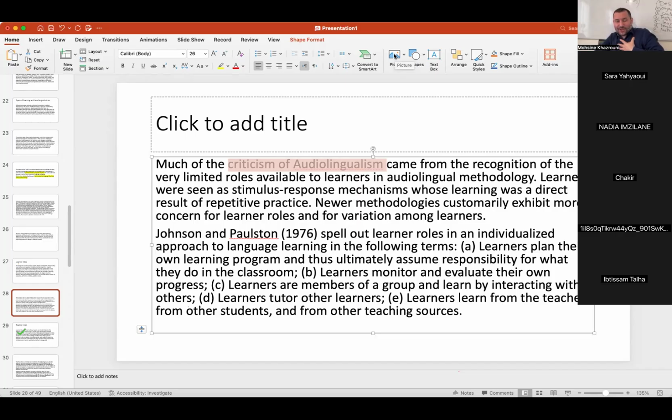Yes, more control, but nowadays, Sarah, things are changing because the teacher is not the only source of information. In the past, the teacher was the only one who gave information, the only one who knows. But nowadays, students can have access to knowledge everywhere. So they don't have to learn only from the teacher.